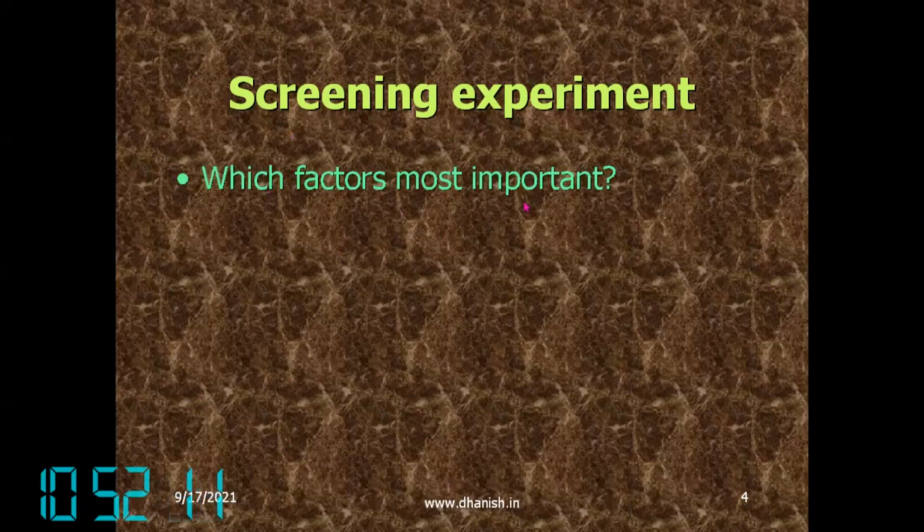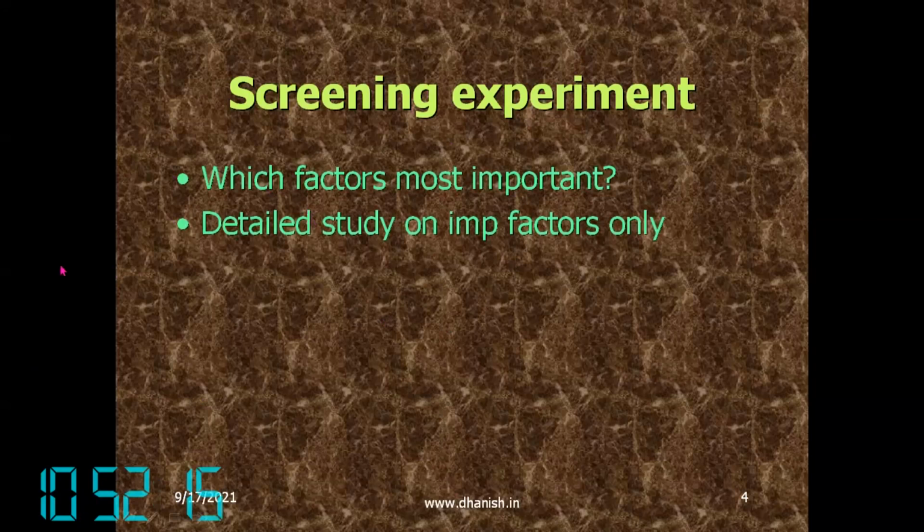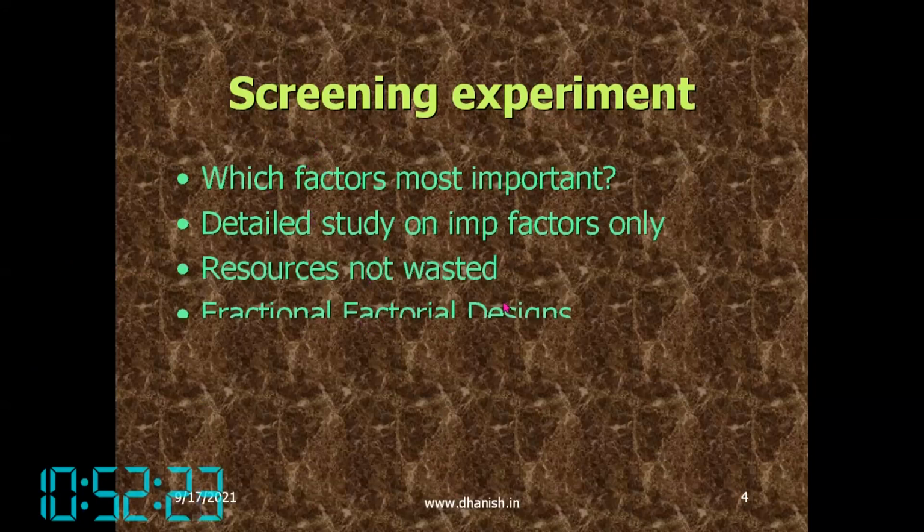Such a design is called a screening design, so that later we carry out a detailed study only on the important factors. We don't have to waste time studying the unimportant factors. Thereby resources are not wasted, and the designs recommended are fractional factorial designs or Plackett-Burman designs. These are names of the designs.